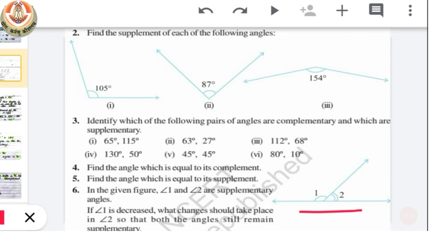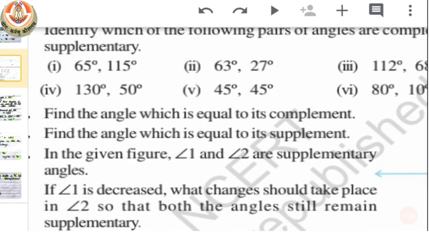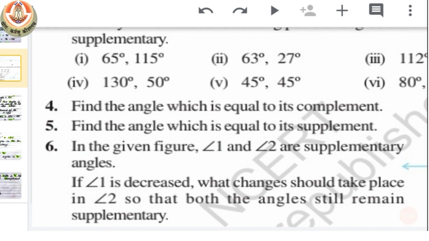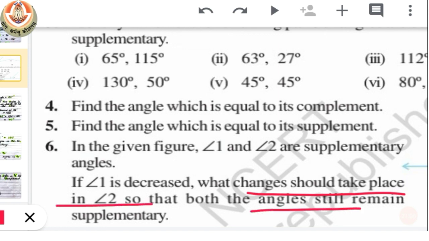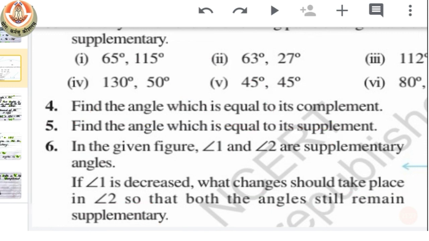So the situation is, if angle 1 is decreased, what changes should be made in angle 2 so that both angles still remain supplementary? It means the situation will remain a straight line, but what happens when we decrease angle 1? What changes will be in place of angle 2? So let's see what its solution should be.